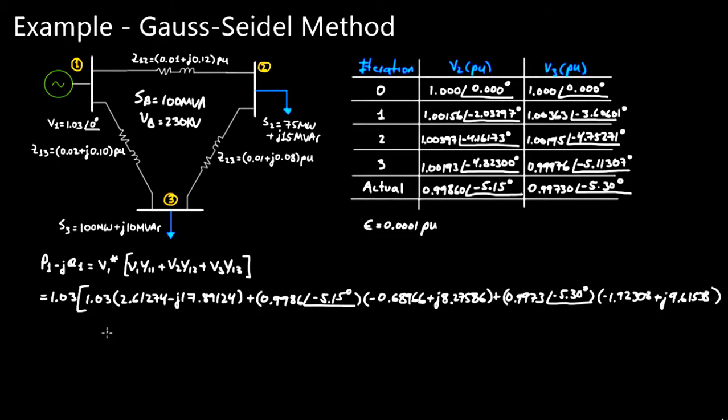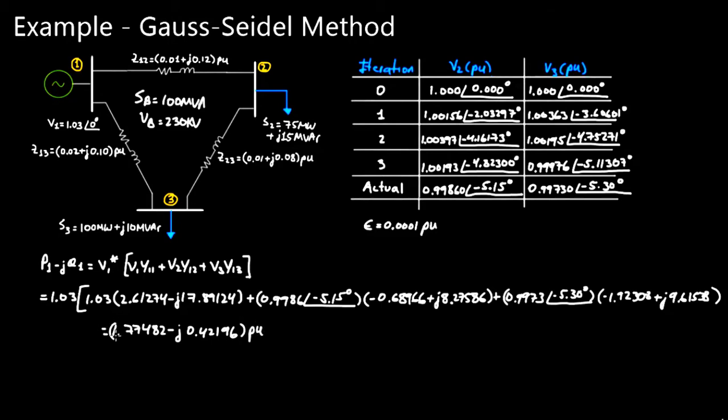And so if I calculate this, I would get that the power inputted by this slack bus over here in per unit is 1.77482 minus J 0.42196. Again, this is in per unit.